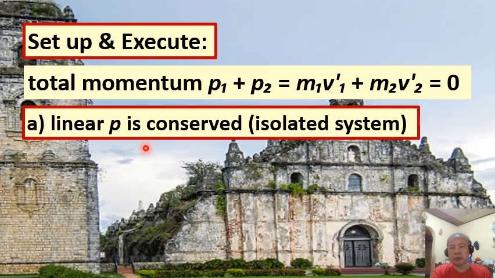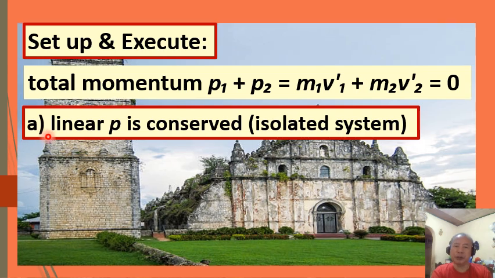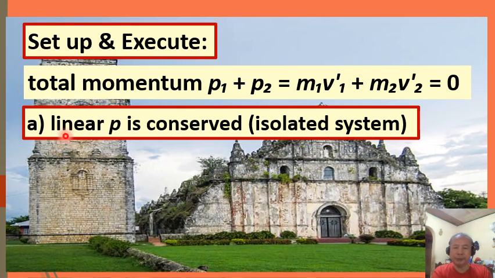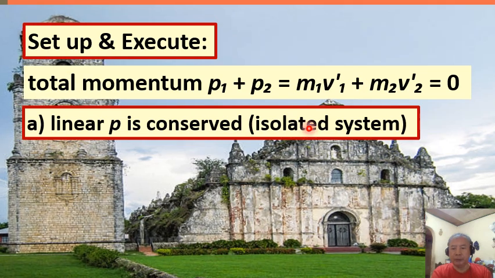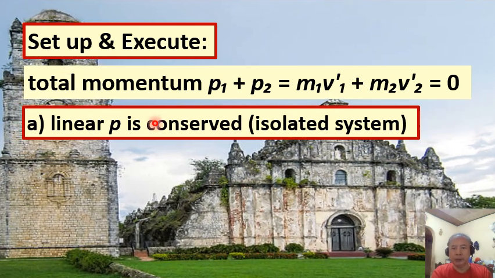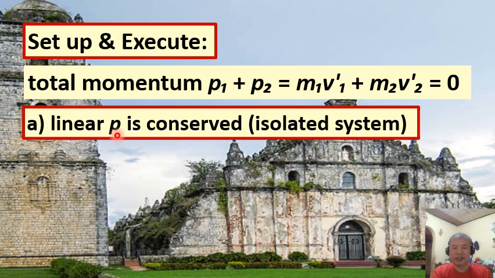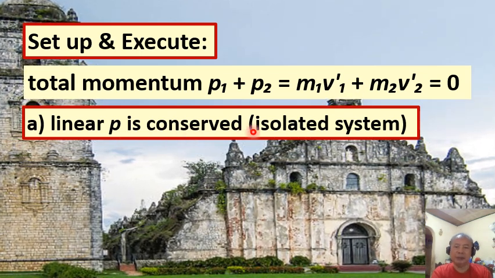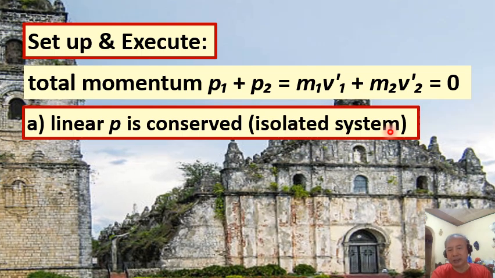So at this point, we can already answer question letter A. Why is linear momentum conserved in this situation? The reason is that the system has no external forces acting on it.